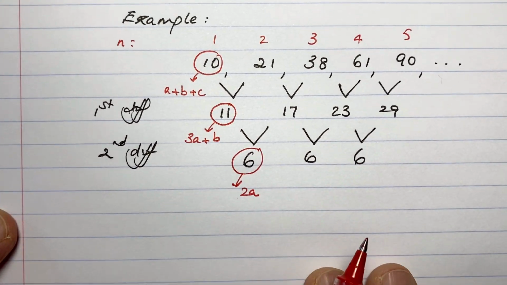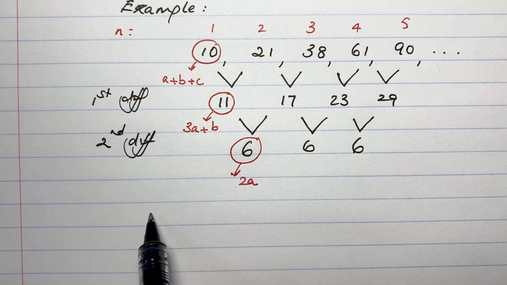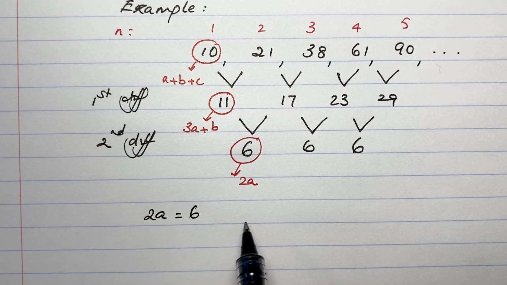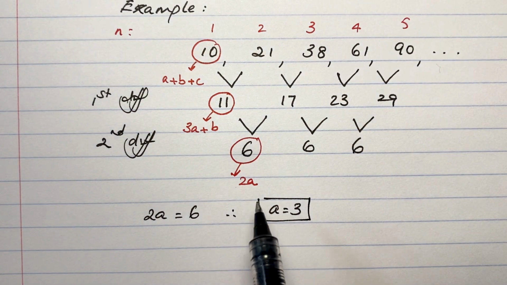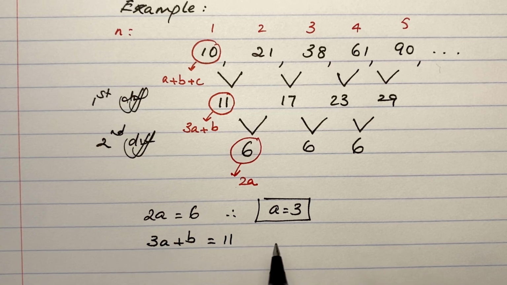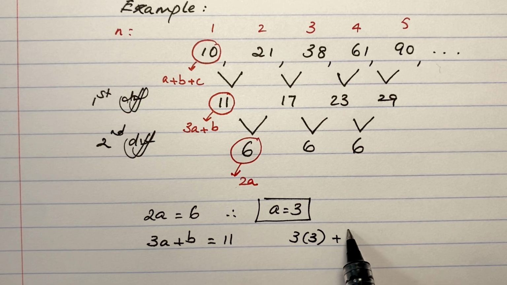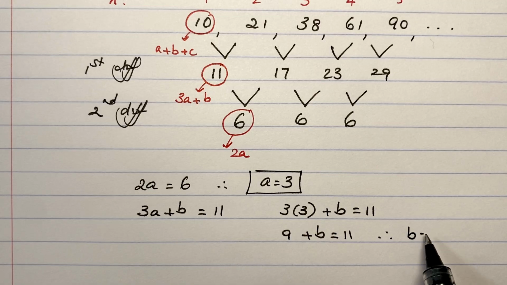In this case, we can find the values of a, b, and c starting from this end. 2a equals 6. Therefore, a equals 3. 3a plus b equals 11. But a is 3. So 3 lots of 3 plus b equals 11. 9 plus b equals 11. Therefore, b equals 2.